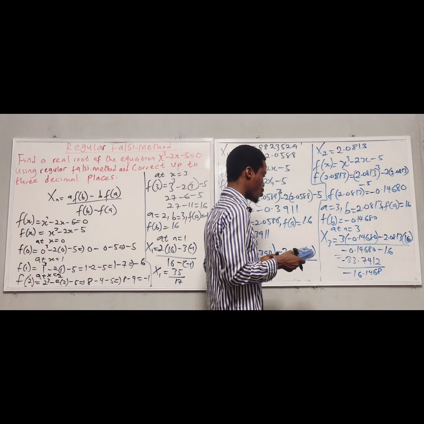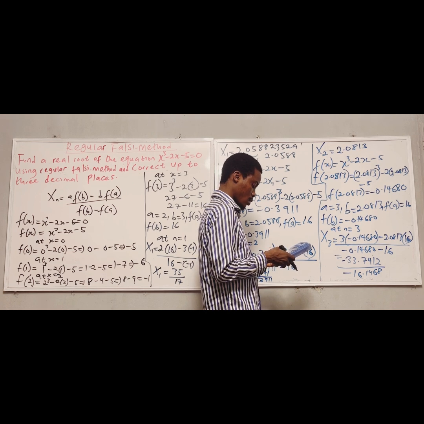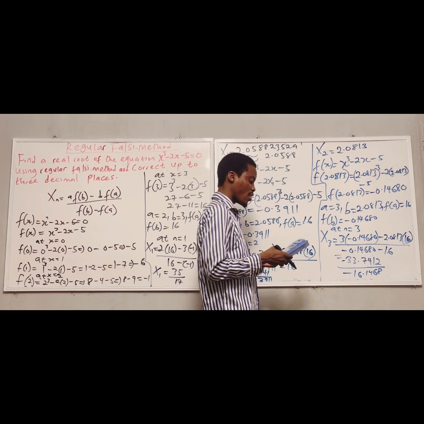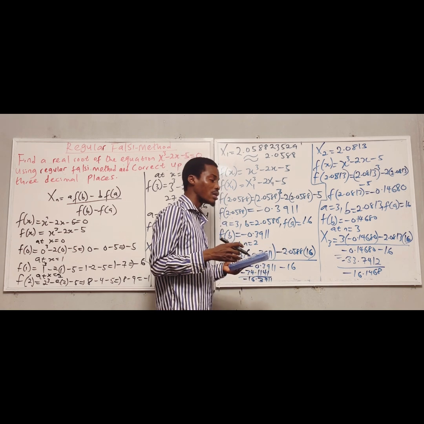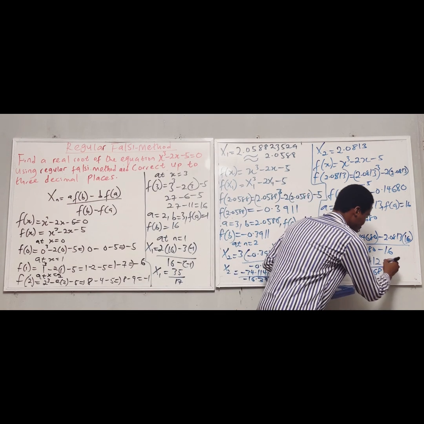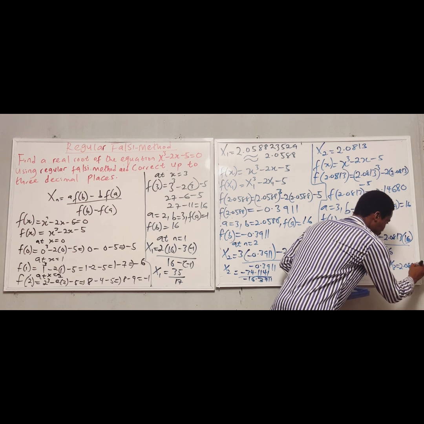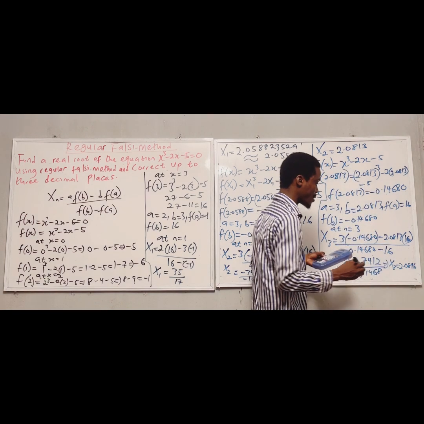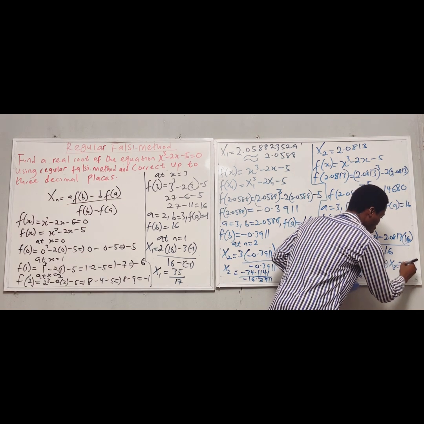If I divide, I'm going to have minus 33.7412 divided by minus 16.1468, which gives 2.0896. So my S3 is 2.0897 when rounded.